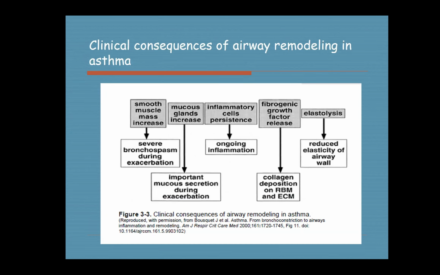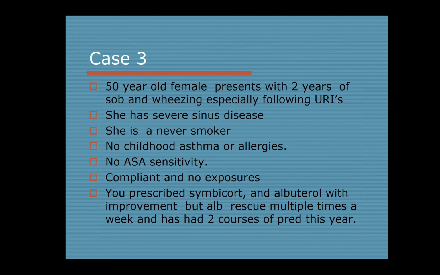Mucus gland increase, so you're going to get more mucus production, ongoing inflammation, fibrogenic growth factors, so you're going to get basement membrane thickening, and then elastolysis. So as you get older, elasticity decreases, and so your airway becomes floppy and starts to mimic COPD more and more. So there's the clinical consequences of remodeling in the long-term asthma patient.